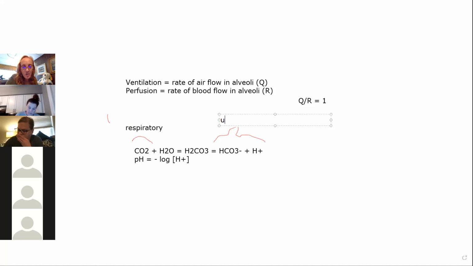When we look at respiratory acidosis or respiratory alkalosis, we're looking at CO2 levels. When we look at urinary system or metabolic acidosis or alkalosis, we're looking at these two.